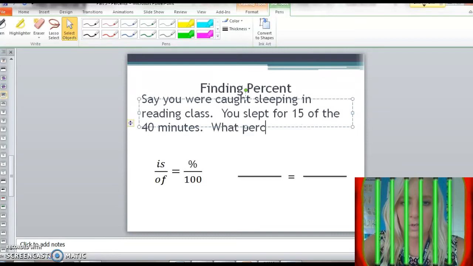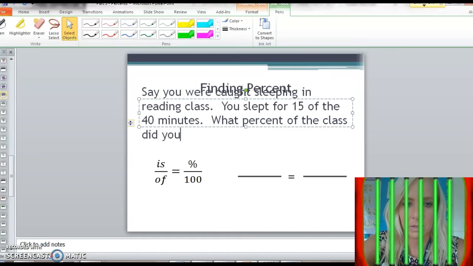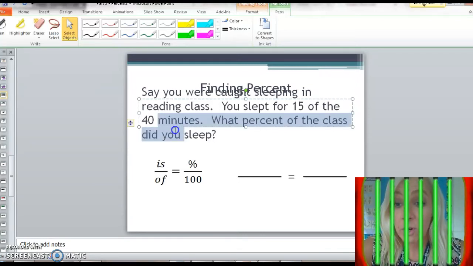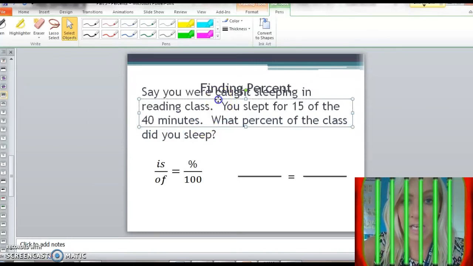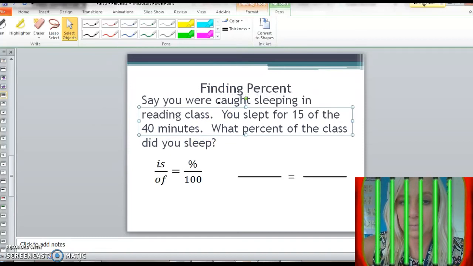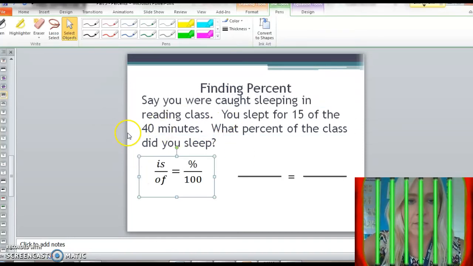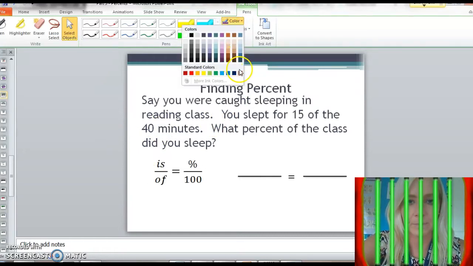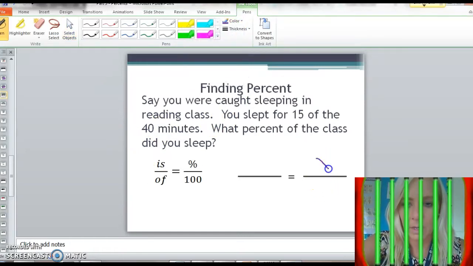What percent of the class did you sleep? Just do me a favor and don't tell the reading teachers that I put that. Okay, so we don't know what the percent is, so we're going to use x over 100.